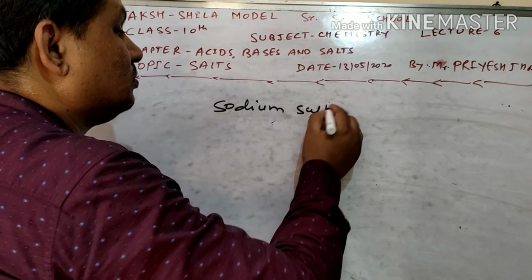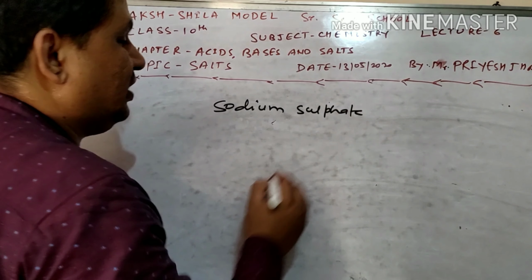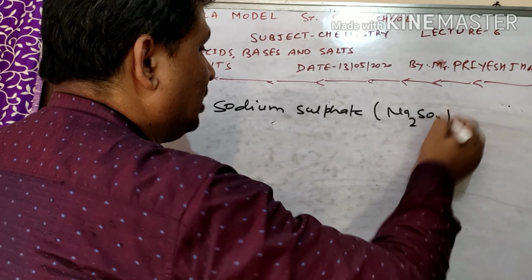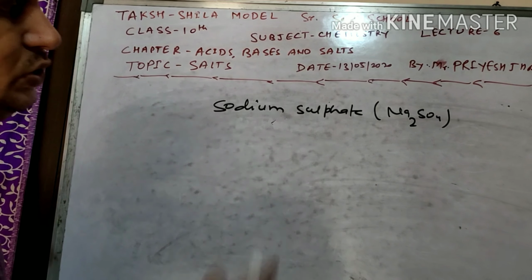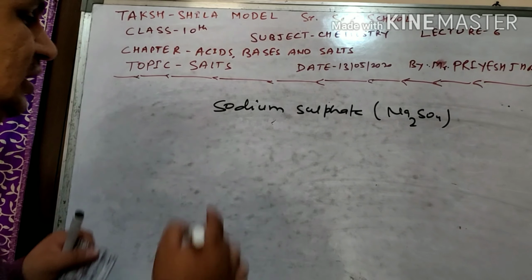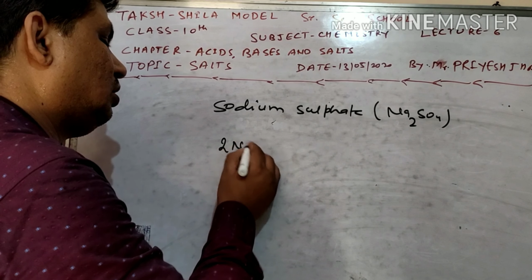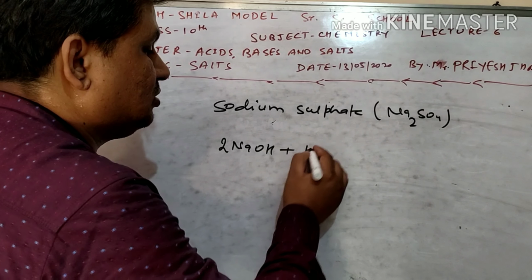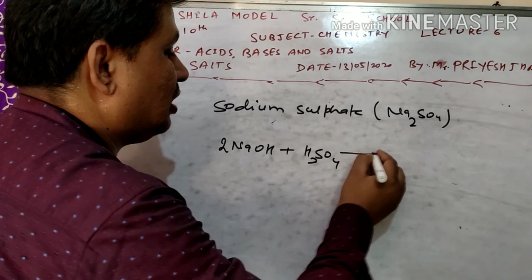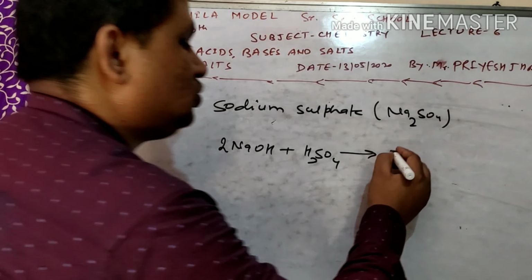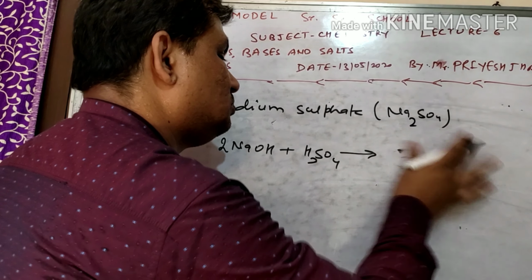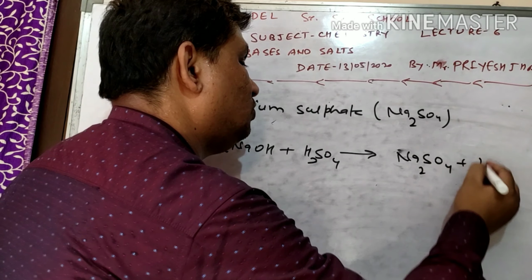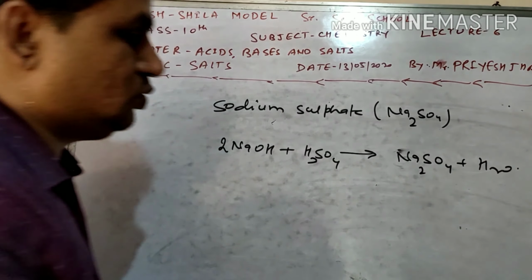Sodium sulfate, having chemical formula Na2SO4, is obtained when sodium hydroxide reacts with sulfuric acid to form Na2SO4 plus H2O.